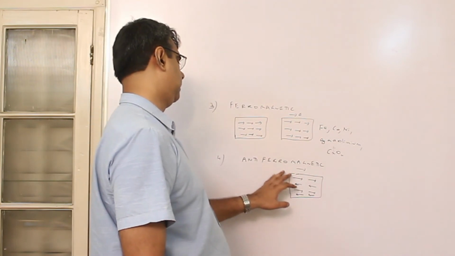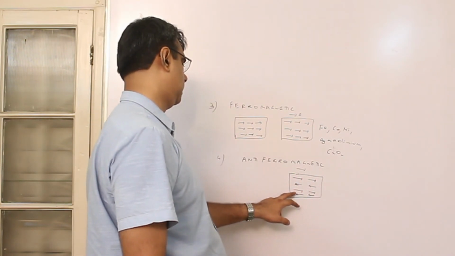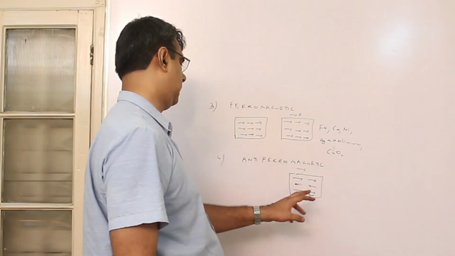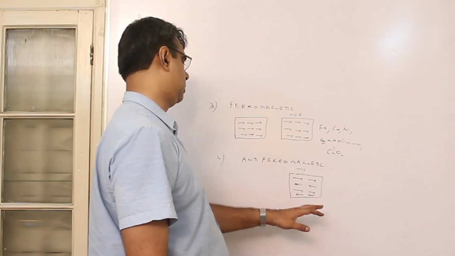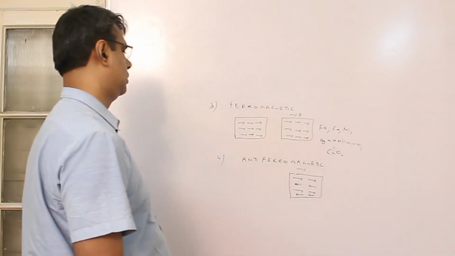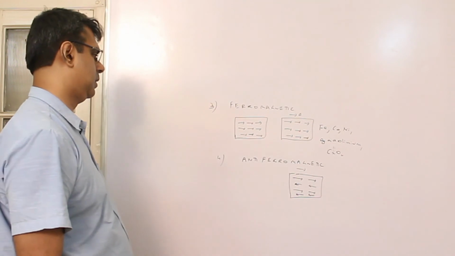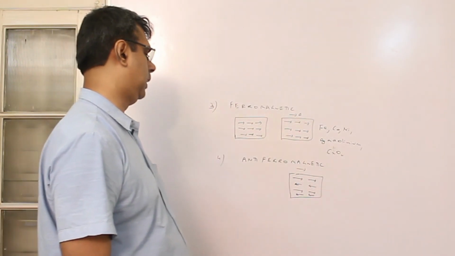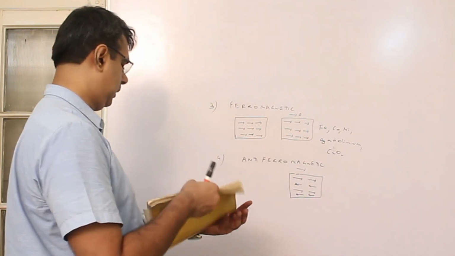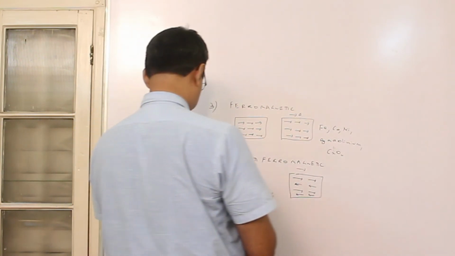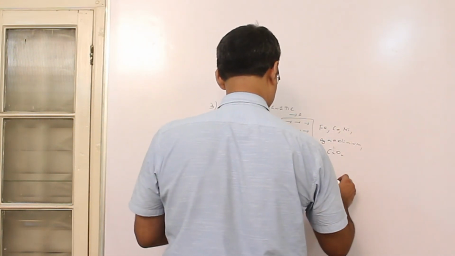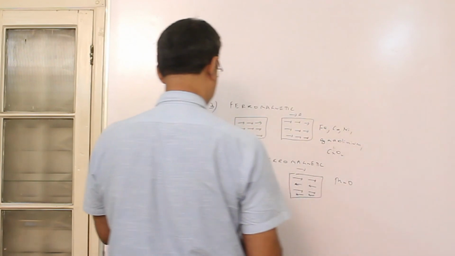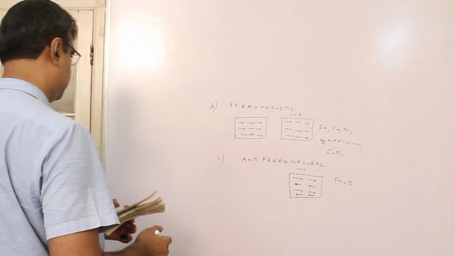When you apply a field, these two are aligned towards the right, but these two are aligned towards the left. So in antiferromagnetic substances, there is ferromagnetism, but the dipole alignment cancels out in pairs. An example of that is manganese oxide.